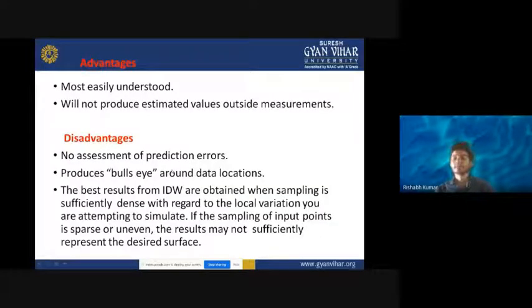So what is the advantage of using IDW method? It is most easily understood. It is intuitive, right? आपको आसानी से समझ आ जाता है, क्योंकि ये तो बेसिक मतलब इंट्यूटिव है कि जो पॉइंट जितना दूर होगा उसकी इन्फ्लुएंस उतनी कम होगी, जो पॉइंट जितना पास होगा उसकी इन्फ्लुएंस उतनी ज़्यादा होगी। एंड ऑन दिस प्रीमाइस दिस इंटरपोलेशन मेथड वर्क। तो ये easy to understand and will not produce estimated values outside measurement, right?